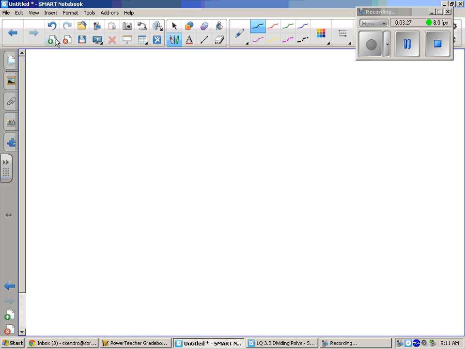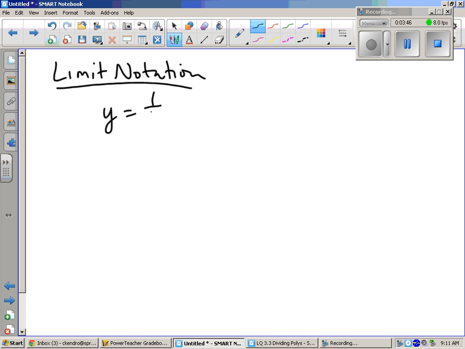All right, now I'm going to show you some new notation here also. This is called limit notation. Okay, limit notation has to do with the arrows in a graph. So let's start out with y equals 1 over x.